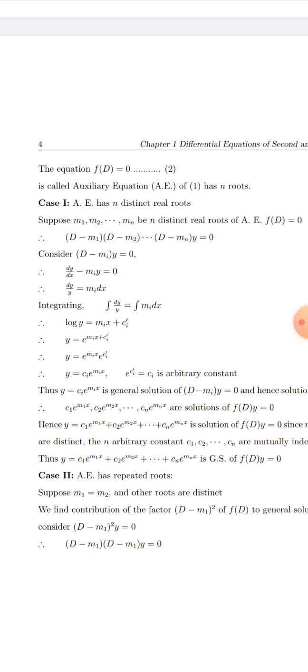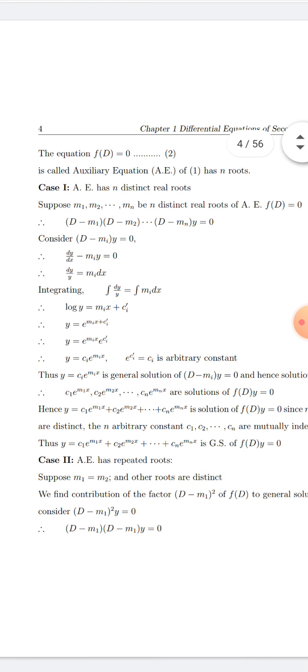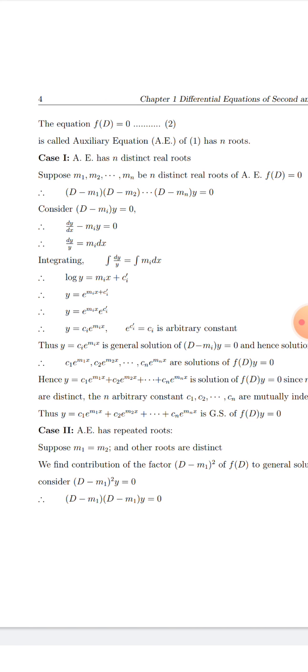Suppose m1, m2, mn be the n distinct real roots of auxiliary equation. सगळे रूट्स रिअल्स आहेत आणि वेगवेगळे आहेत, तर कॉम्प्लिमेंटरी फंक्शन कसं लिहिता येईल, y is equal to c1 e raised to m1x plus c2 e raised to m2x up to cn e raised to mnx. प्रत्येक जो रूट आहे तो e raised to m1x, e raised to m2x, e raised to mnx लिहायचा आहे आणि कॉन्स्टंट ॲड करायचा.